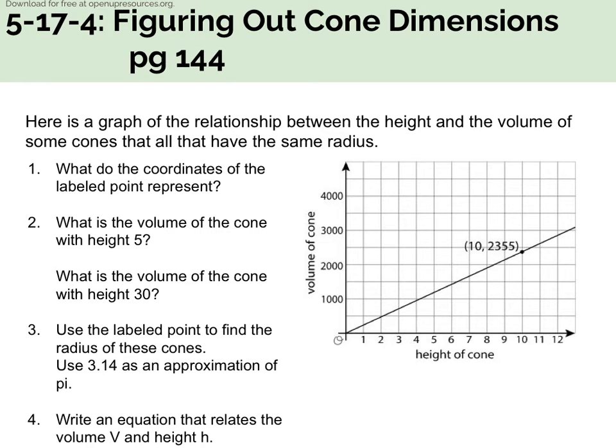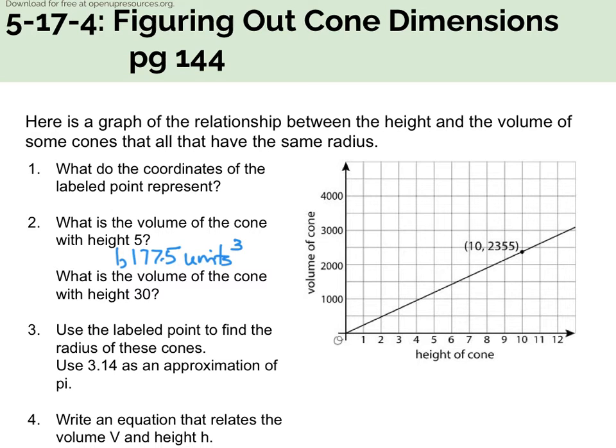So the actual amount would be about 1,177.5 cubic units, so units cubed. How do we know that this is the actual amount? Notice how we had 10 as our height, and we went to 5 as our height.